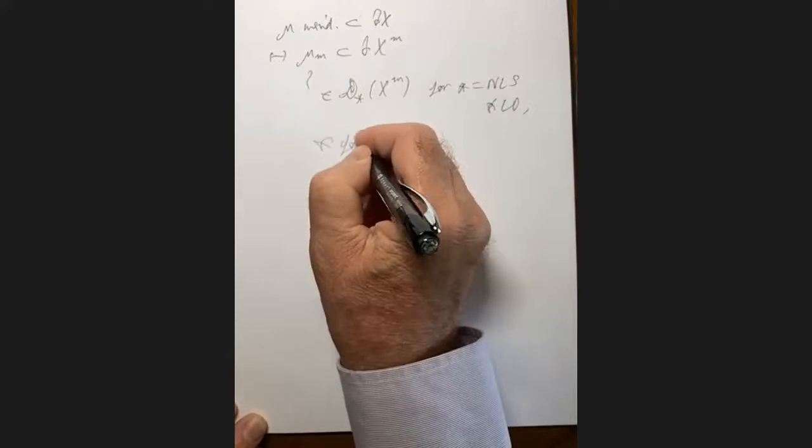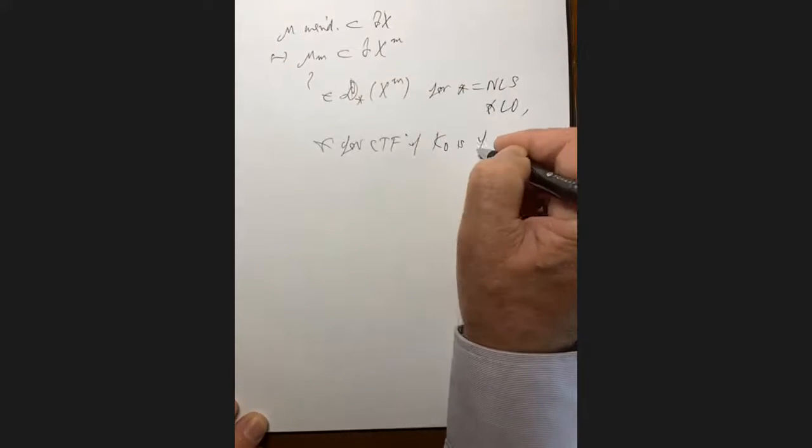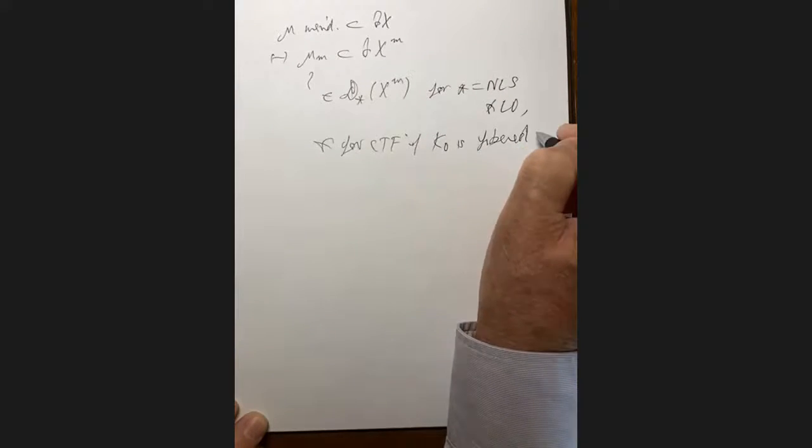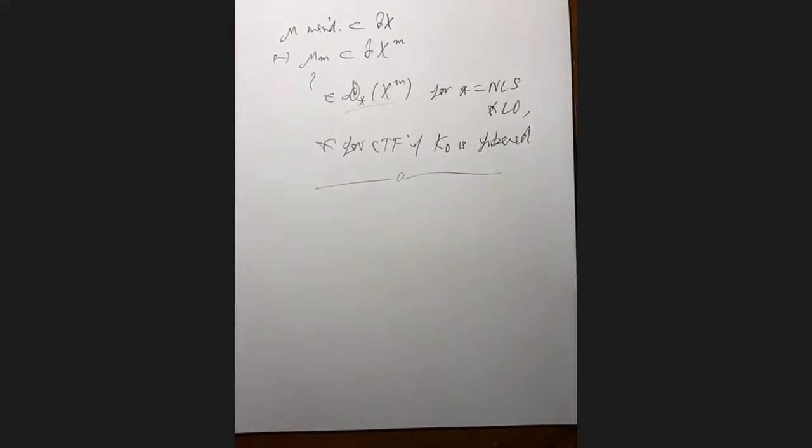And again, for CTF, if K0 is fibered. So again, I just wanted to mention that because that points up the importance of having slopes that are detected that don't come from Dehn fillings.